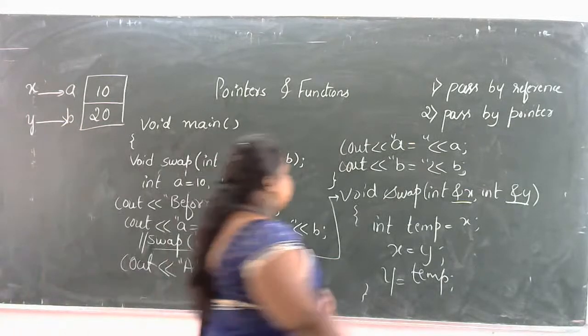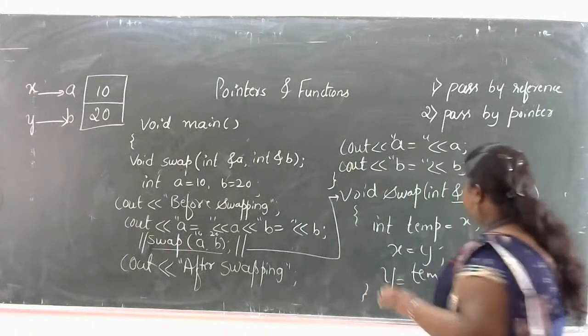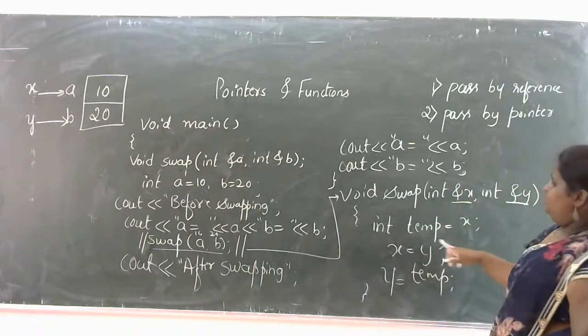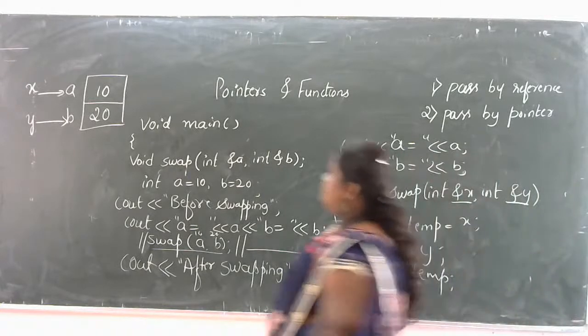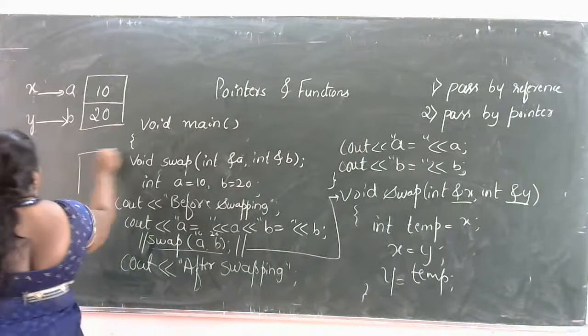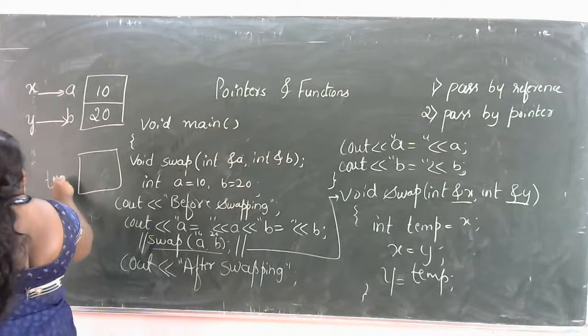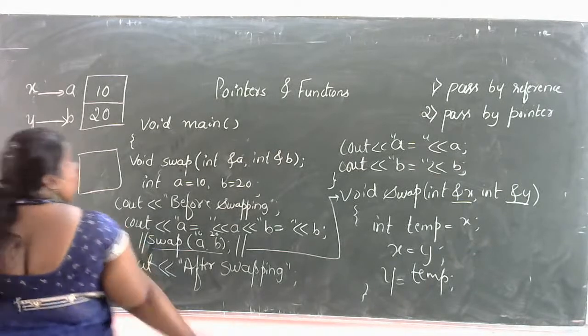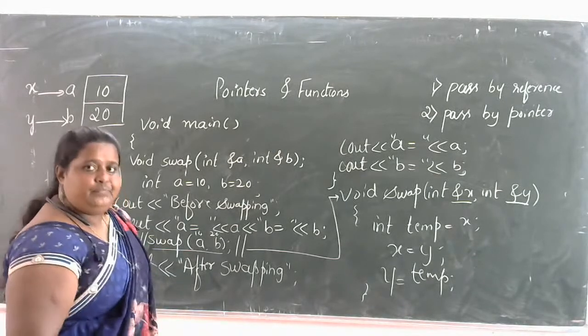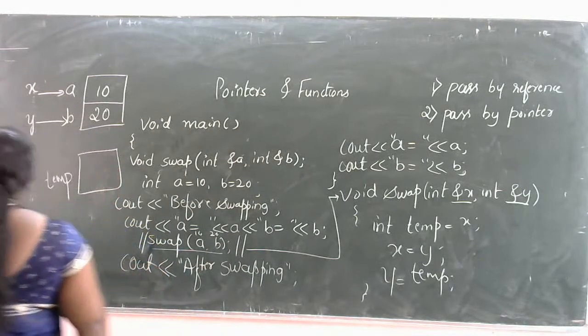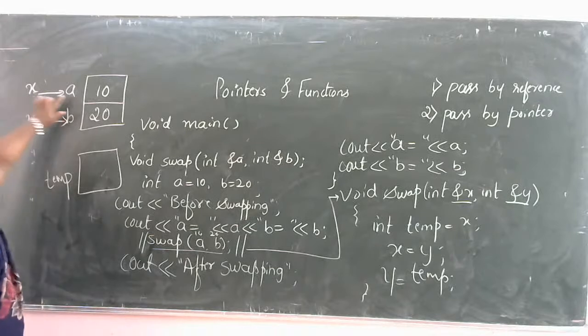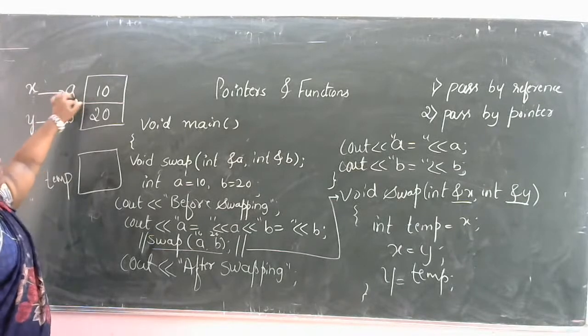Okay, next what happens here? You are performing an operation. You are going to declare one more variable, that is temp. In temp, what you are doing? You are storing X. Where is X pointing?